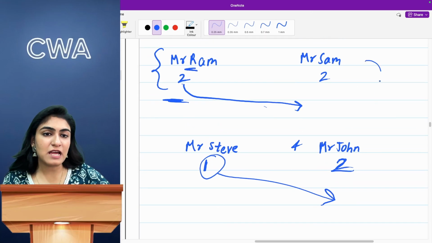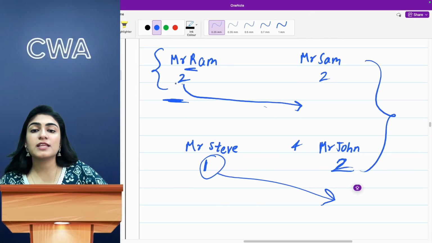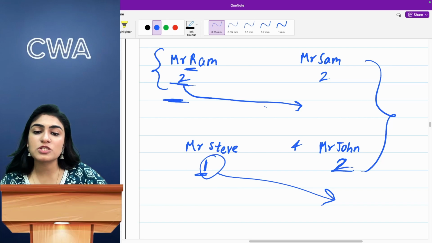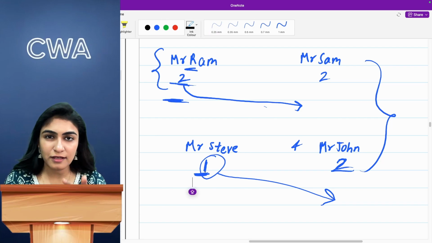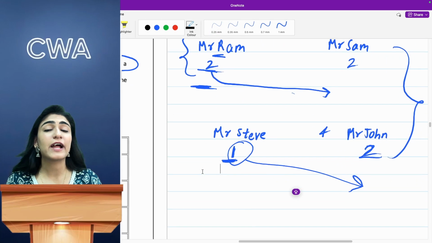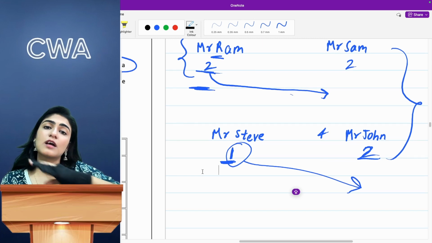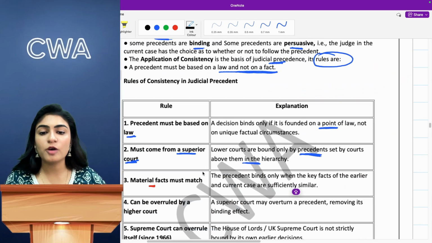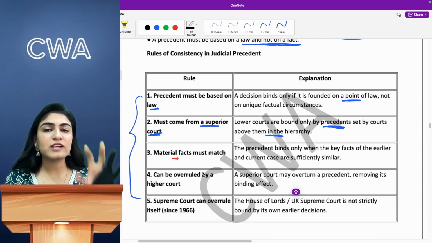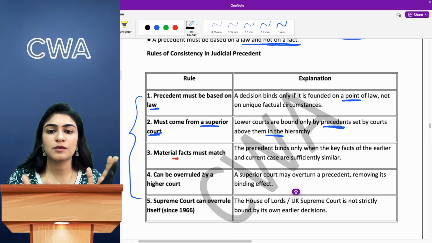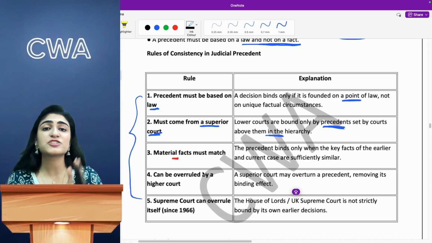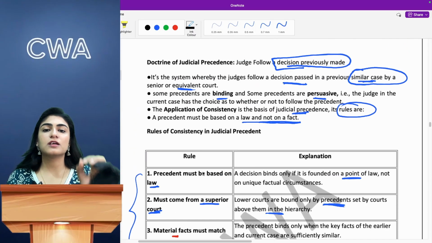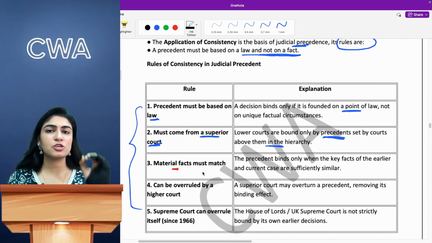In this entire scenario, even if in this case there were 2 cows, here it was 1 cow, this is not a material fact of the case. The material fact of the case is the cow going and destroying the crops. So material facts of both the cases must be the same, must match, then and only then the judicial precedent decision can be applied.